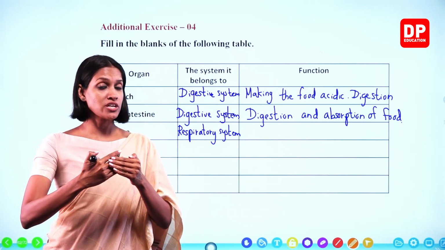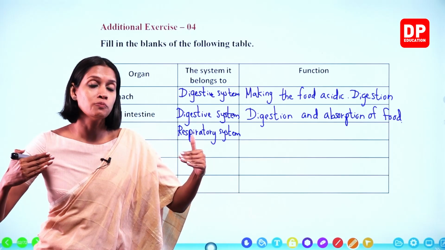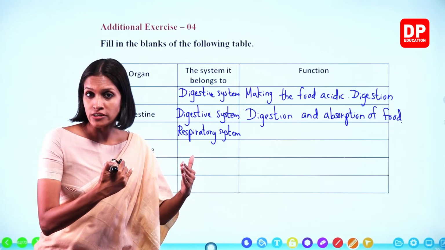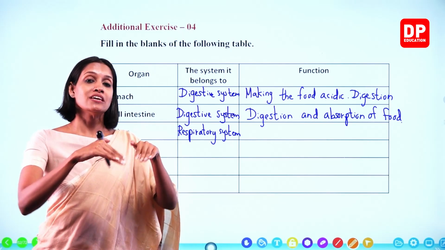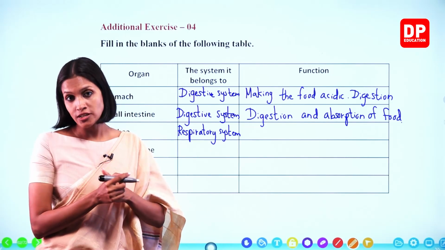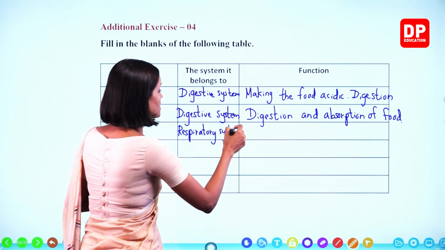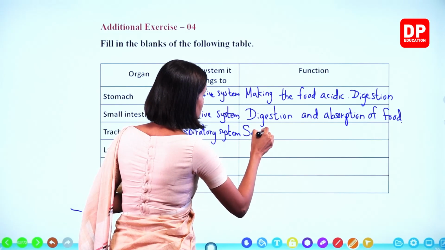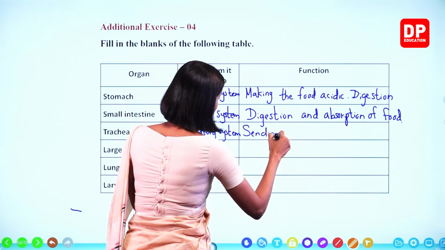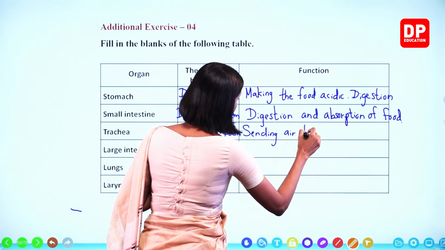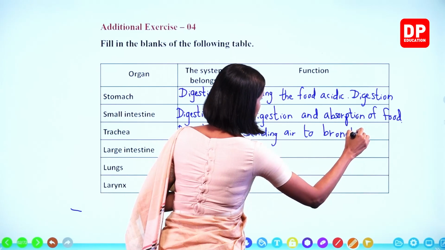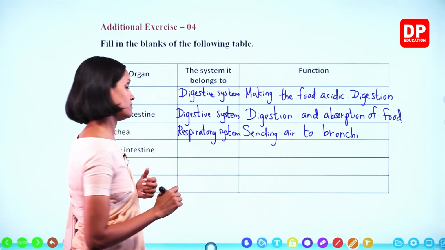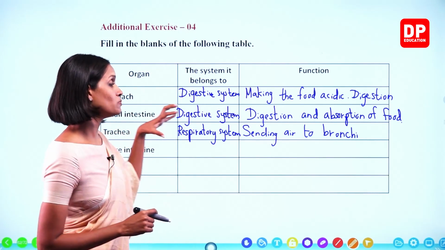At the base of the trachea, it divides into 2 parts, right and left bronchus. So what happens? The air that is coming through the trachea is sent to the bronchi. Sending air to bronchi.